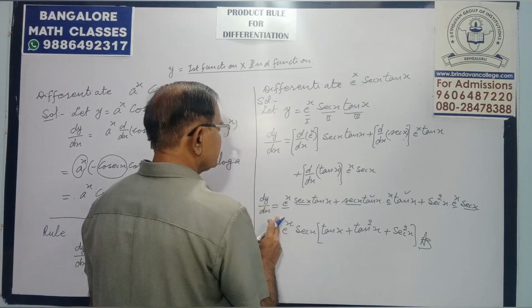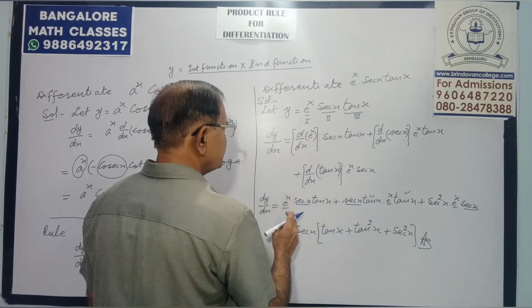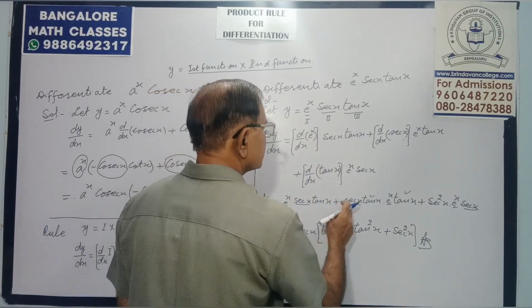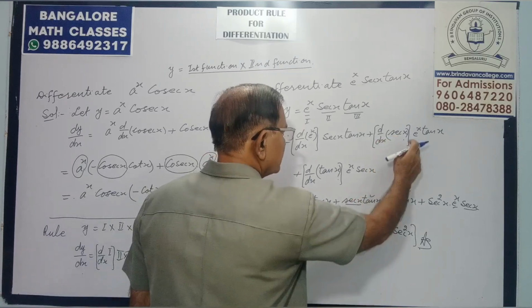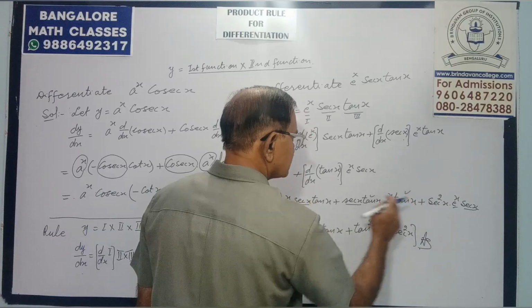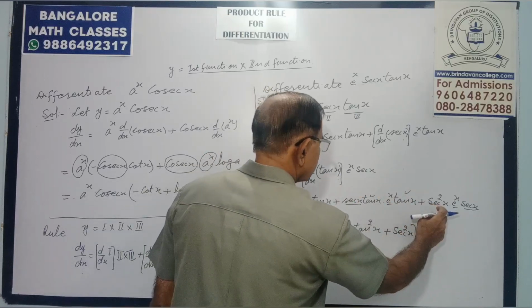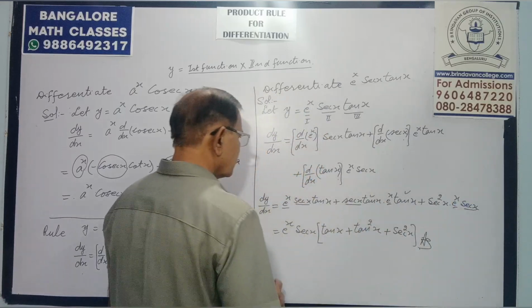Thus it equals d/dx of e power x is e power x, remaining 2 as it is, plus d/dx of secant x is secant x tan x, e power x and tan x as it is, plus d/dx of tan x is secant square x, e power x and secant x as it is.